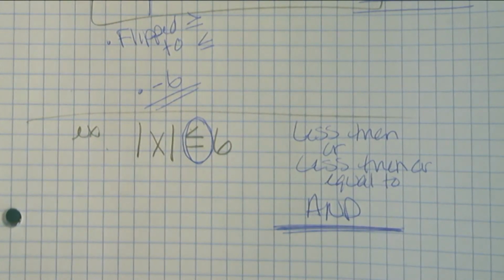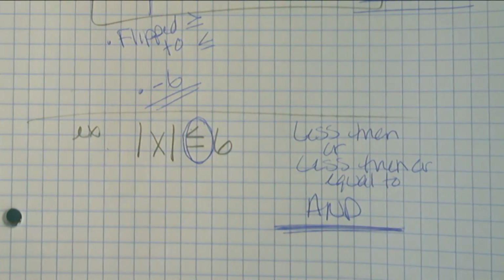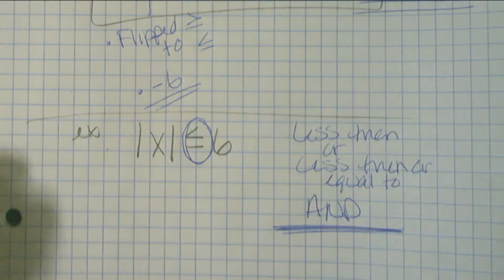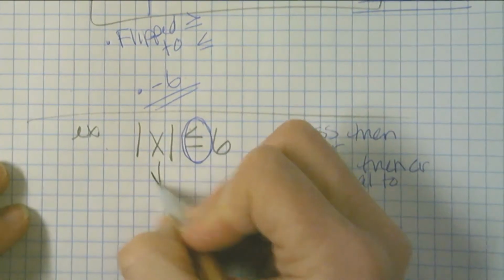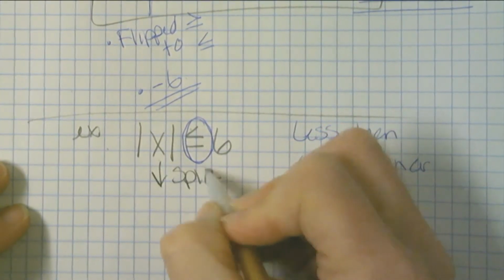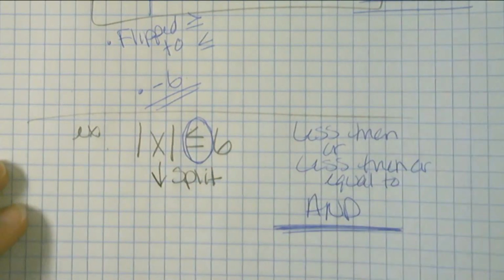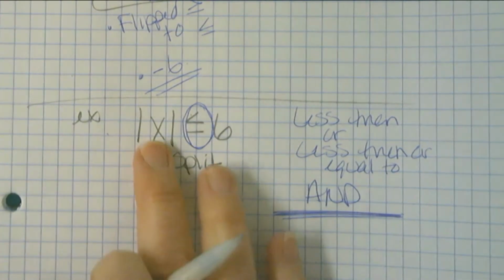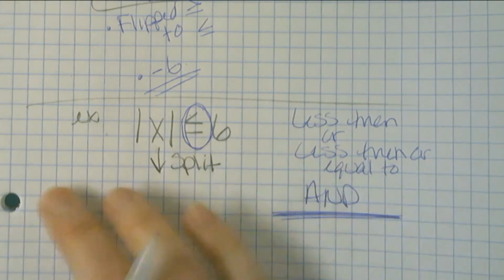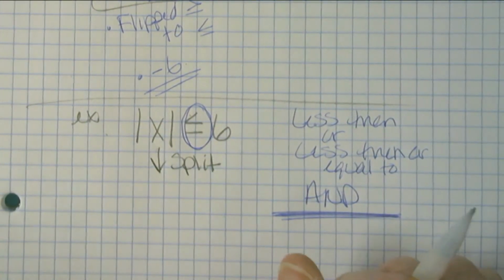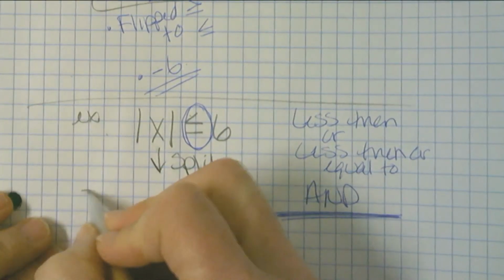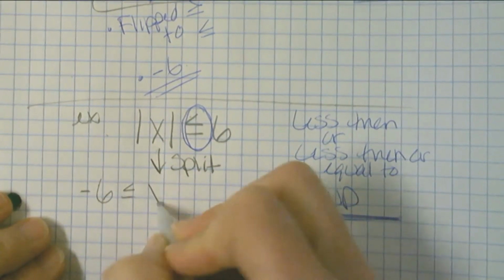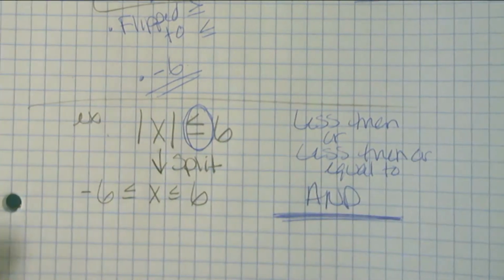Our values are still negative 6 and 6. But when I split this, because remember, to apply the absolute value, I do have to split it, the possibilities for whatever's in that absolute value is 6 or negative 6. This is an and.